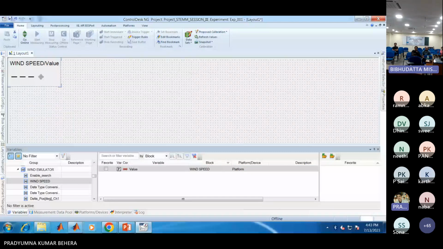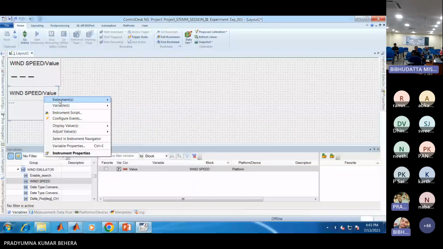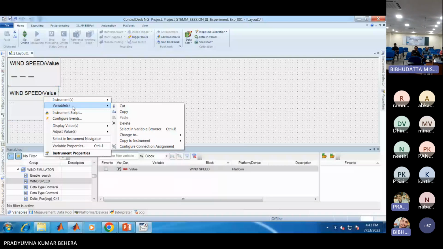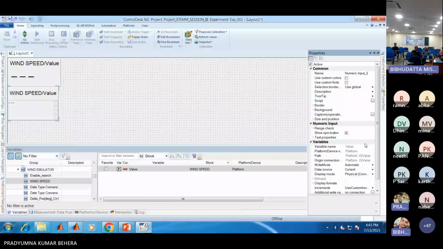Also, for changing the wind speed in real time, I will use another block. That is basically a numeric input. I'm using a numeric input, and I will right click on this and go to the instrument properties. Then on the right side, you can see the instrument property of this block. You can see in the numeric input section, you can put using the drop down menu.